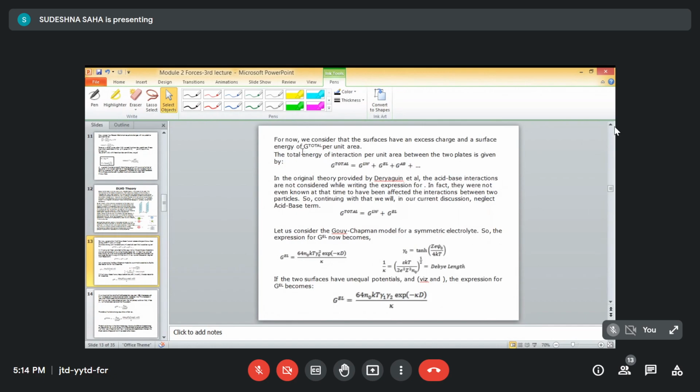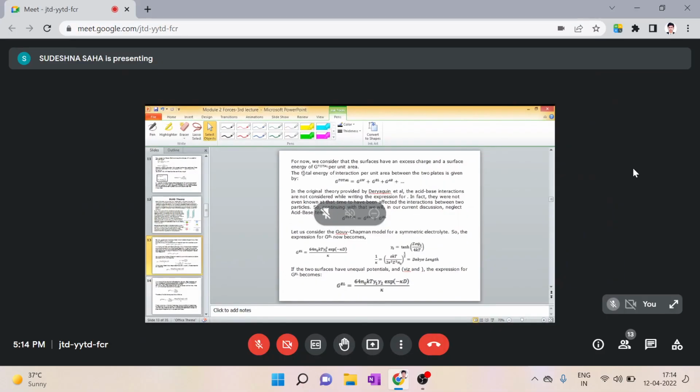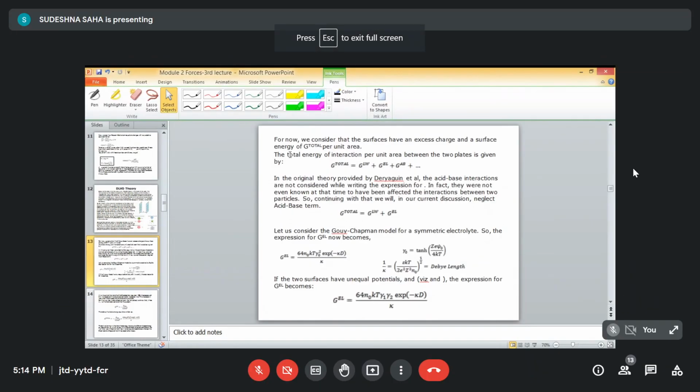Now, if we consider that the surfaces have an excess charge, and the surface energy G total per unit area, then the total energy of interaction per unit area will be given by the van der Waals forces G LW, plus G EL, that is the electrostatic interaction, plus G acid-base interaction, plus there could be several other things.